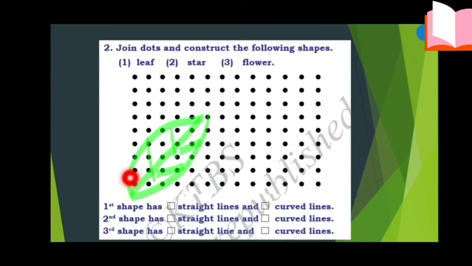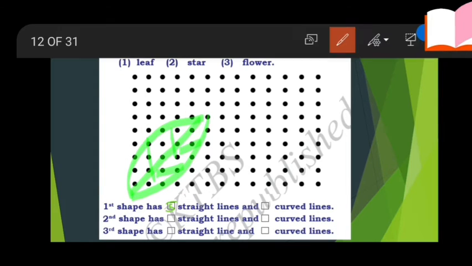Here, how many straight lines are there? 1, 2, 3, 4 and 5. So totally there are 5 straight lines in the drawn figure. And how many curved lines? 1 and 2. So there are 2 curved lines and 5 straight lines.